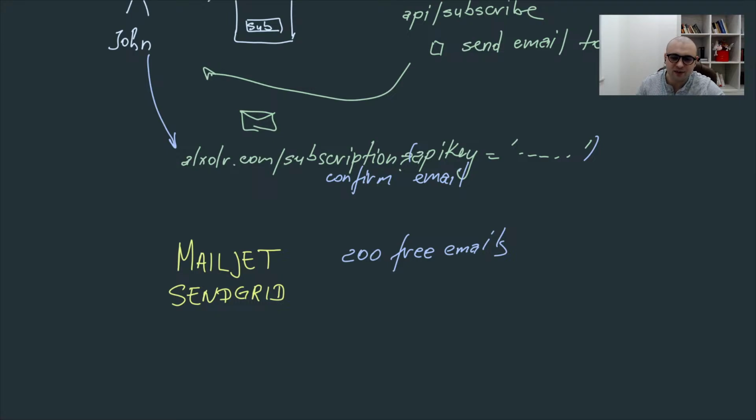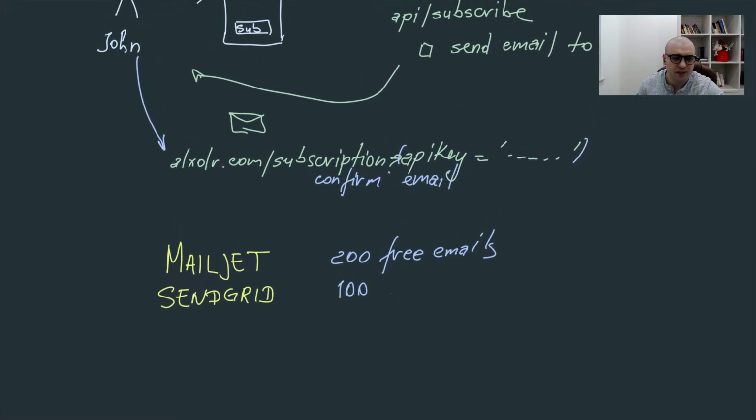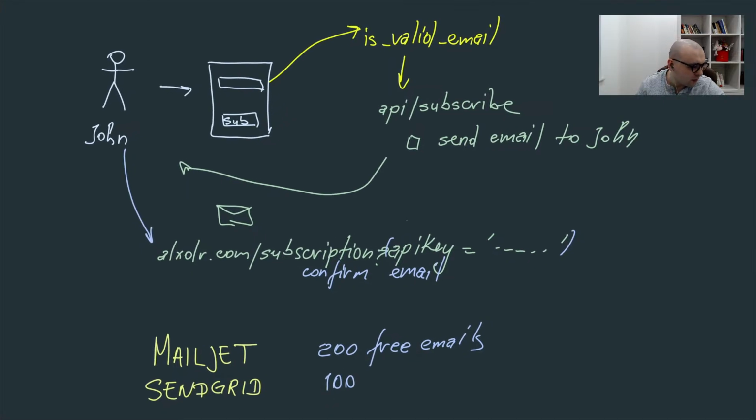But I guess if I have 200 or more subscribers which are active, I'm good to buy a subscription, to invest some more in this feature. SendGrid, I think it's 100, but I may be mistaken. I will not spend time now to investigate. I'll just use Mailjet.